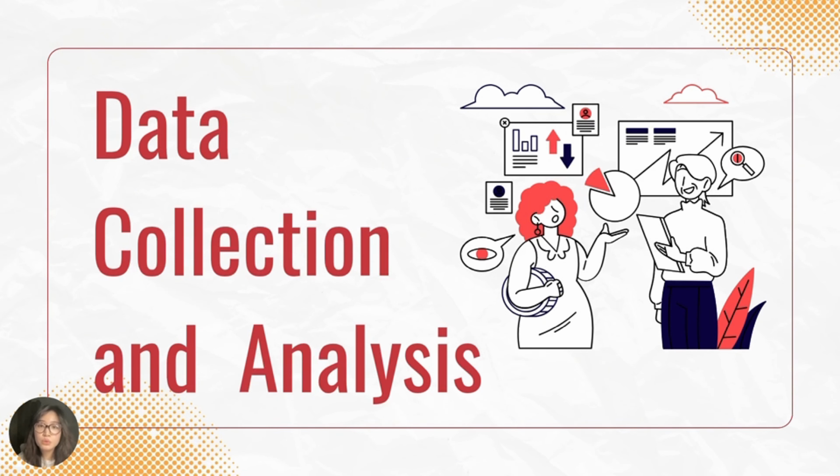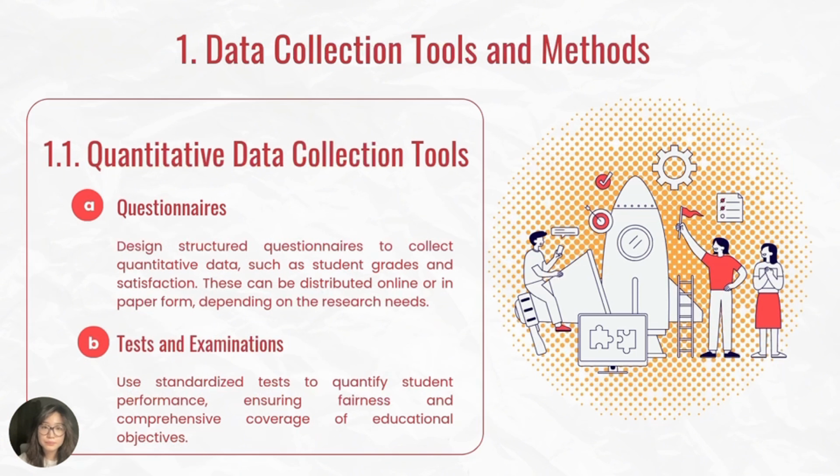We will focus on two main methods of data analysis: quantitative data analysis and qualitative data analysis. Both of these methods are essential for evaluating the outcomes of the educational reform project, and they offer different perspectives on the data.